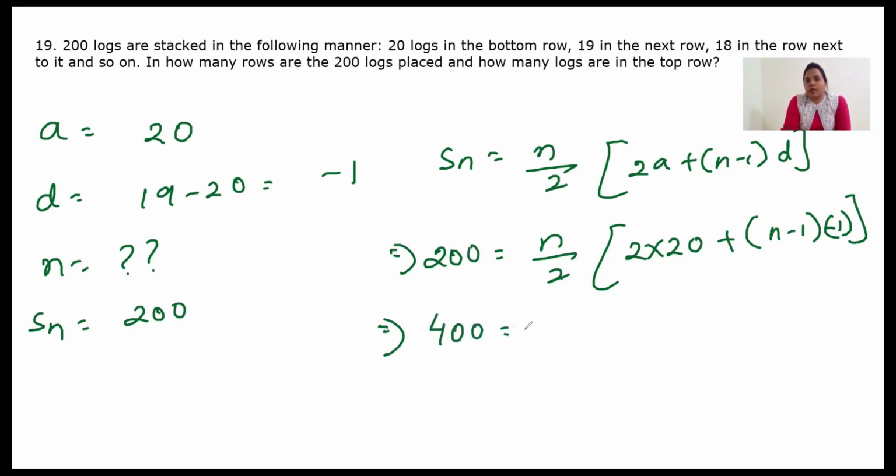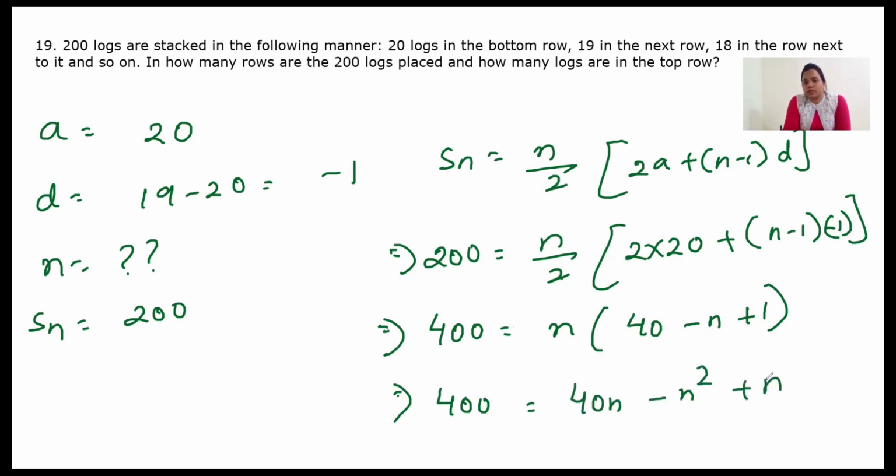This will become 400. 400 is equal to n times (40 minus n plus 1). So 400 is equal to 40n minus n square plus n. 400 is equal to 41n minus n square.